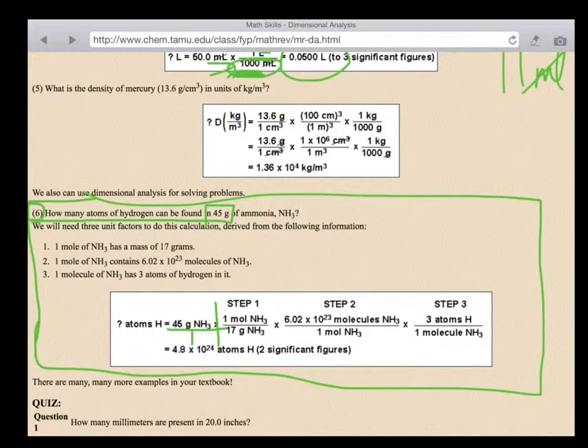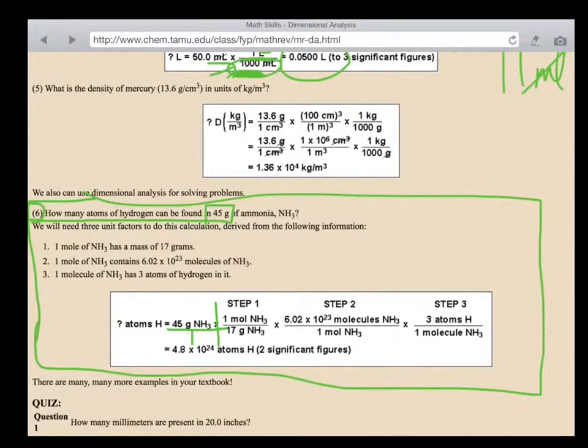You're going to put mole on top. Molar mass is 1 mole over the grams from the periodic table, and they already told us that's 17. Cancel out your units. When you do that, you will be left with the unit of mole, which is not what they wanted. They wanted atoms. So that's what tells us we have to go another step.